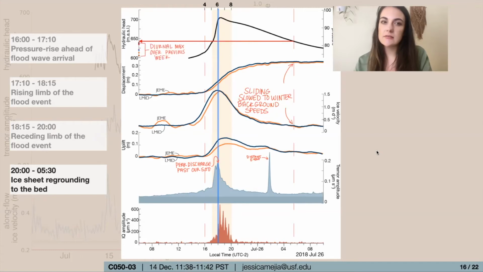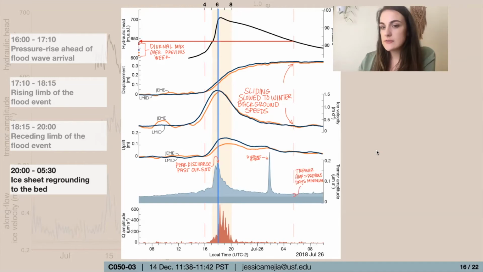Shown here is the maximum diurnal moulin water levels over the week before the event, denoting that while we observed the onset of the slowest speed since the beginning of the melt season, moulin water levels were even higher than they were at their peaks over the week before.